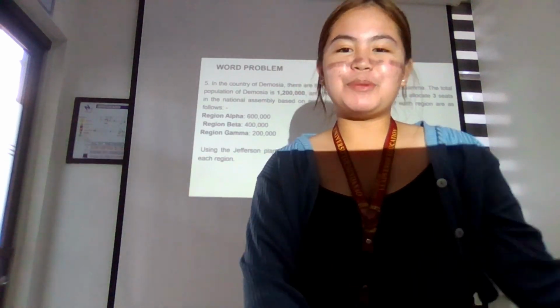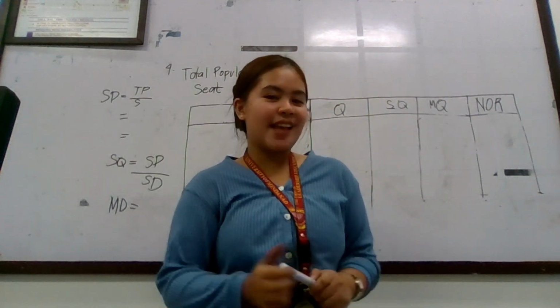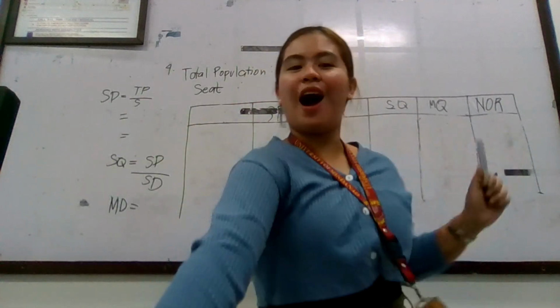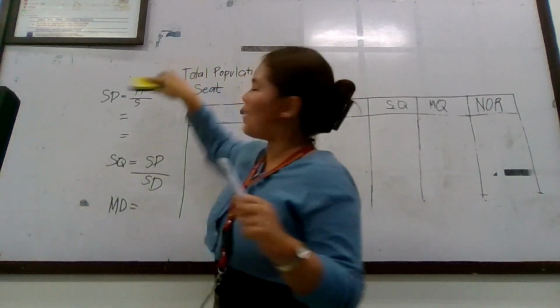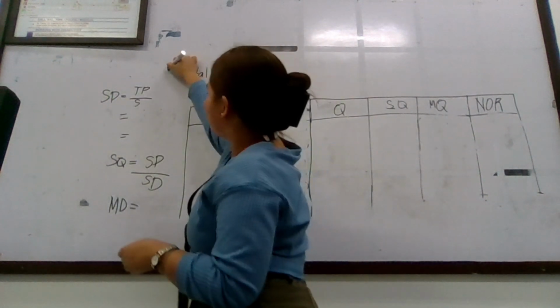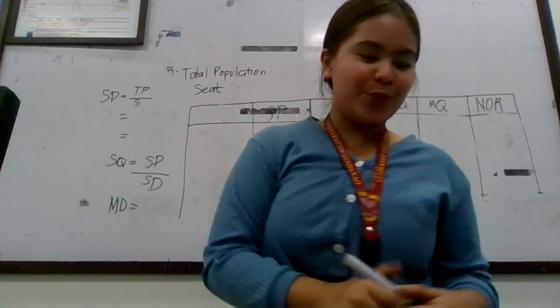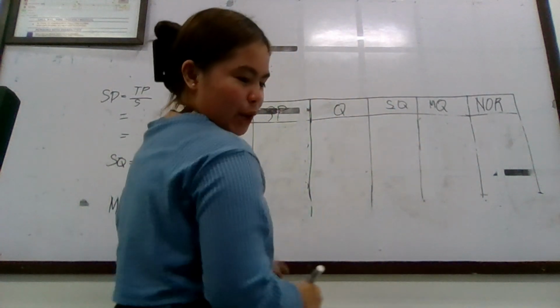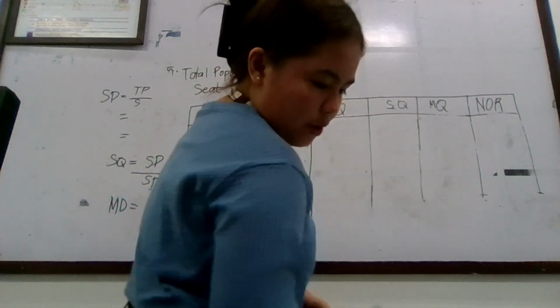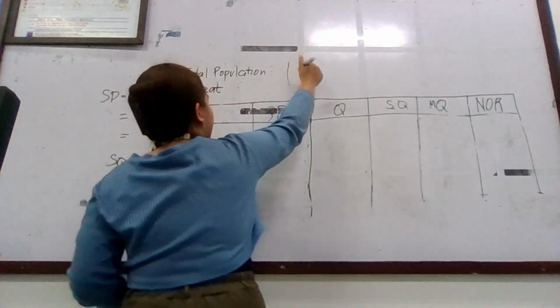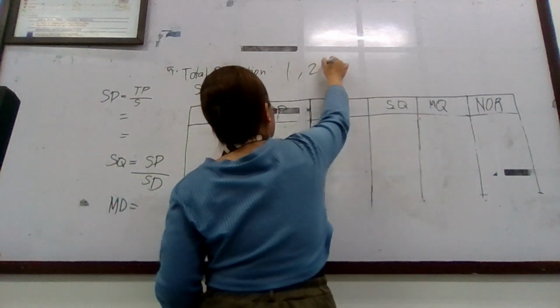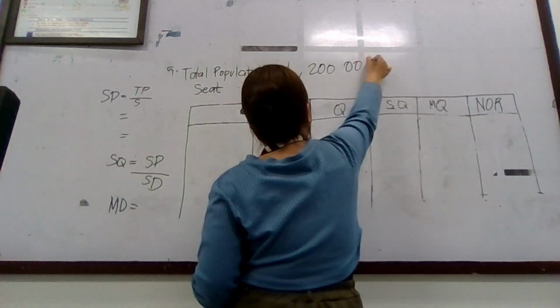So, let us solve problem number 5. Are you still there? So, let us solve our last and final problem. So let us identify our given. So for our population, we have 1,200,000.